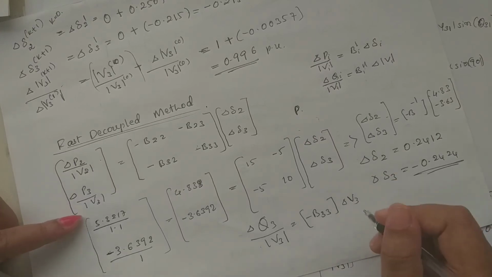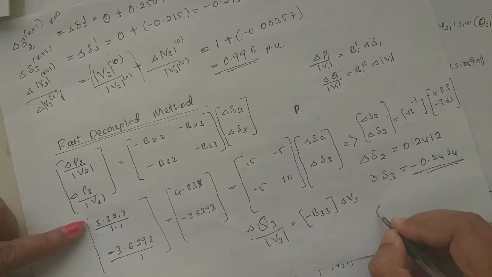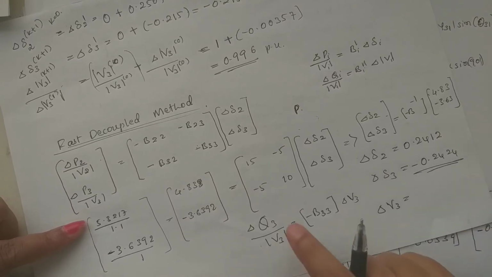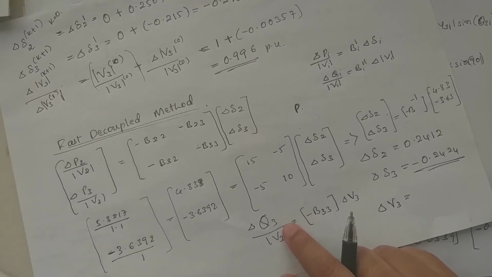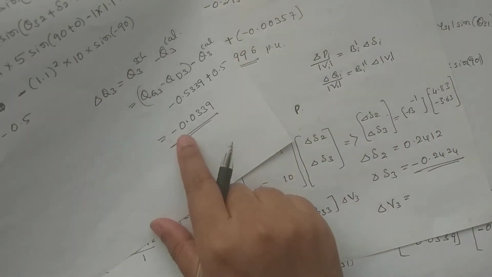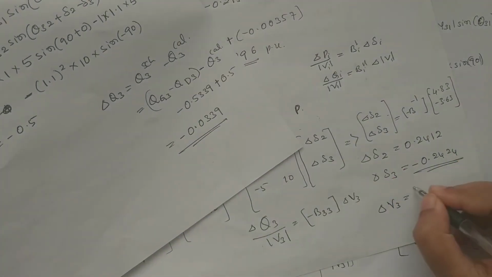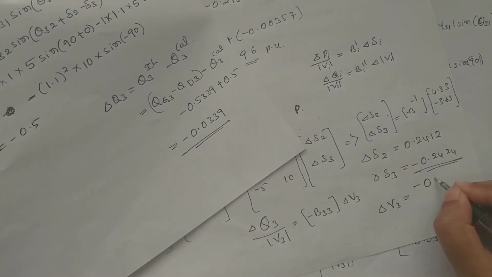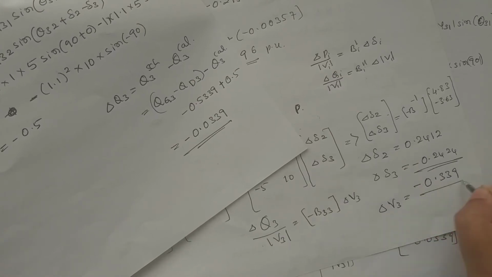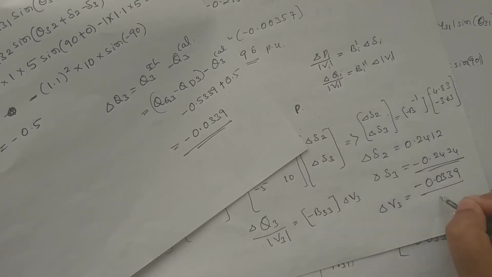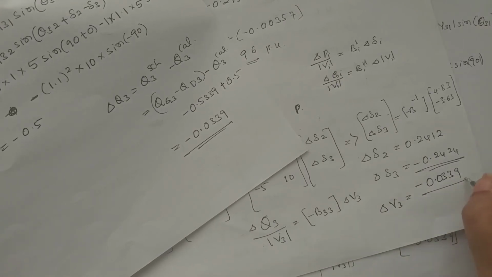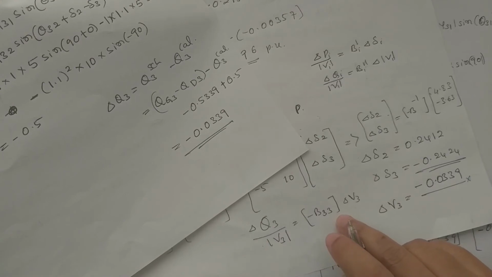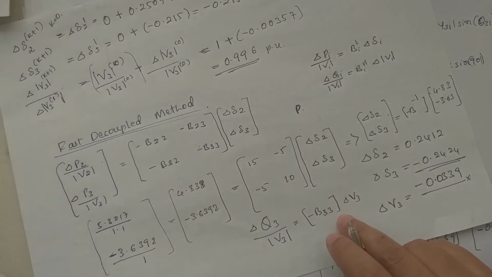Delta V3 can be calculated by rearranging: the delta Q3 value is minus 0.0339, divided by V3 of 1, into minus B33 inverse.